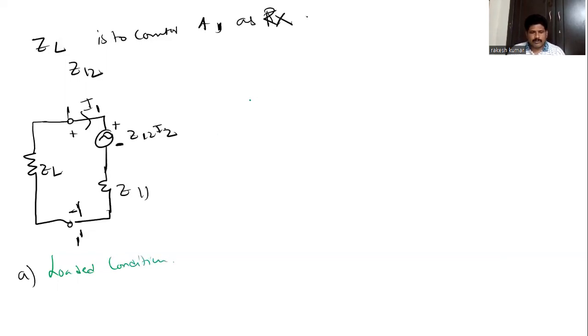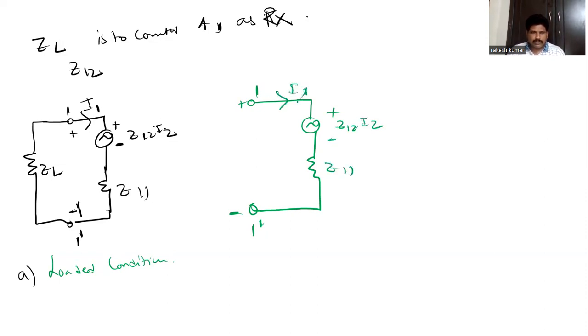Similarly, let us see the open circuit condition: plus or minus Z12 into I2, Z11. Just consider the current flowing through this for open circuit condition.